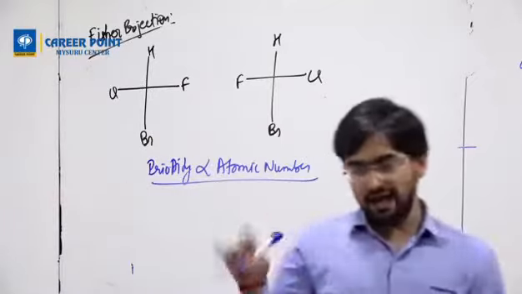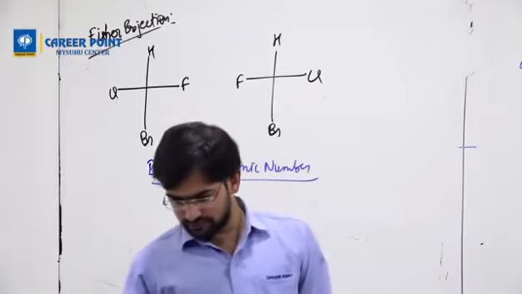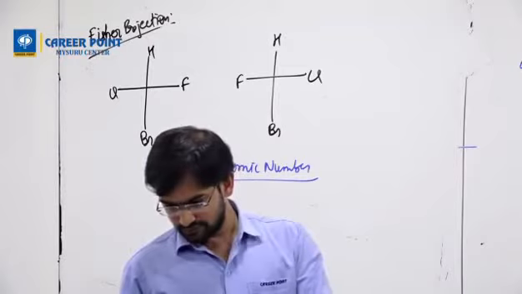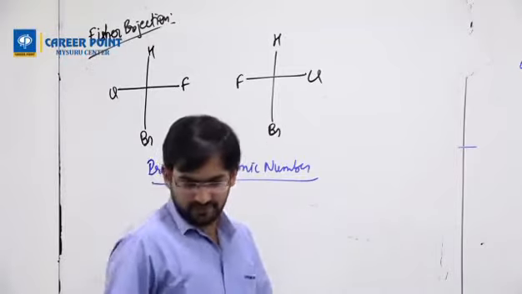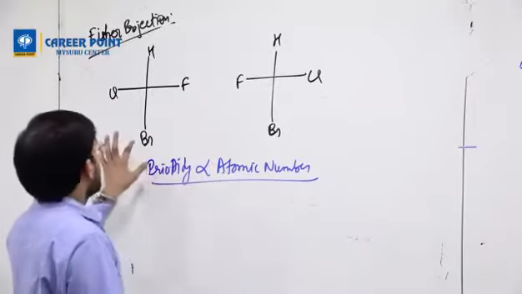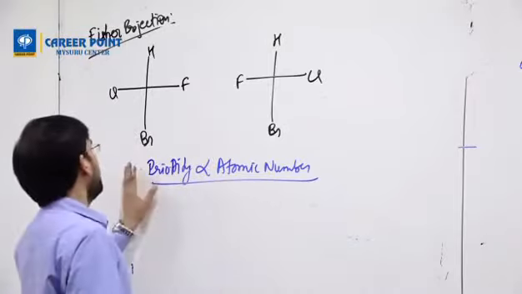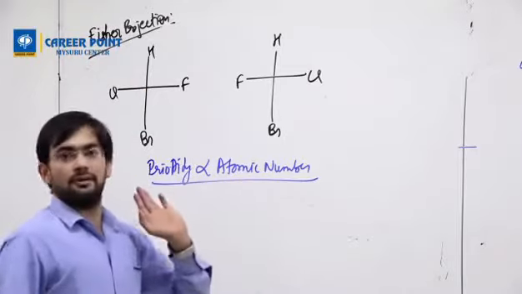So in the Fischer projection, priority is directly proportional to atomic number.